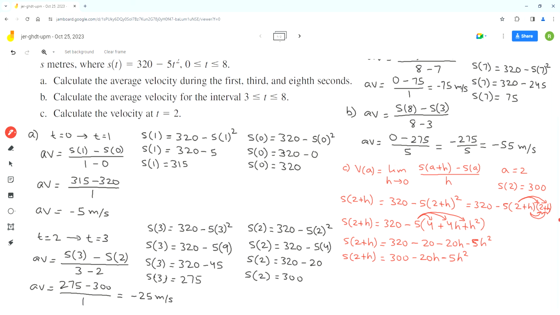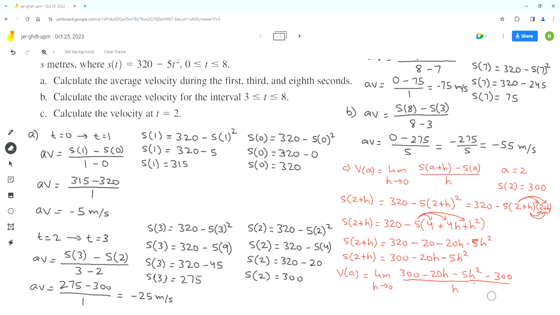So we start with the limit as h approaches 0 of s at a plus h, which is 300 minus 20h minus 5h squared, and then minus s at a, which is 300, over h.